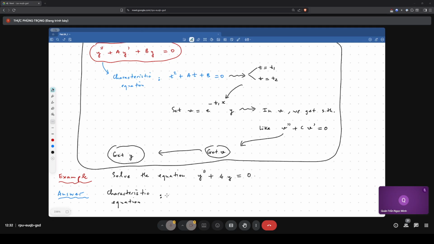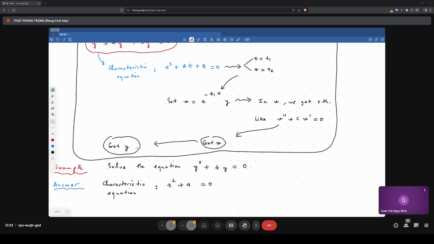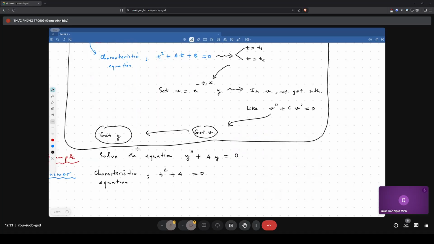So I see we have t squared plus 4 equals 0. Sorry, 4, not 4t. This is the order 0, not the order 1. So this is the number 4, right? And then we solve this one.